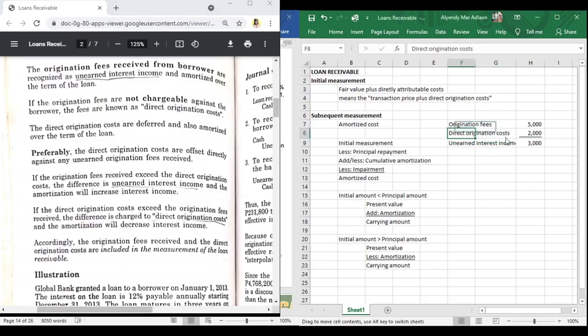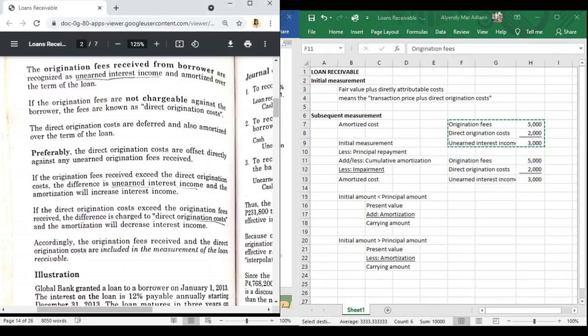So, let's say, for example, it is reversed. Let's say, this is the direct origination cost and this is the origination fees. Of course, it is no longer unearned interest income because the origination fees are smaller. In that case, it would still be treated as a direct origination cost, but the net amount is 3,000 pesos.